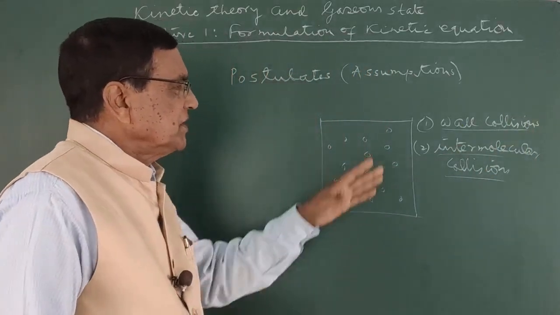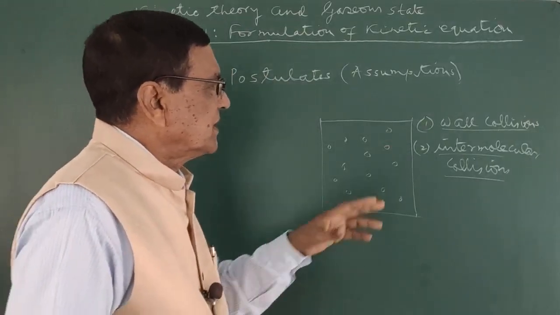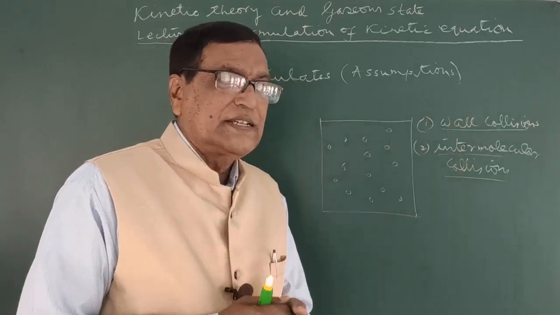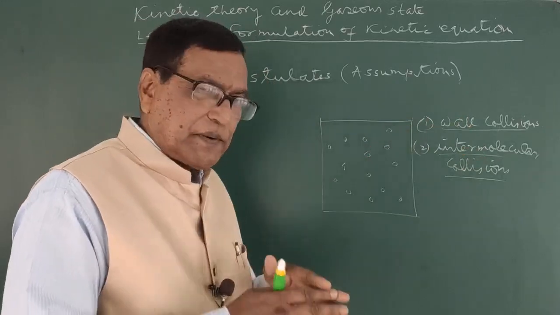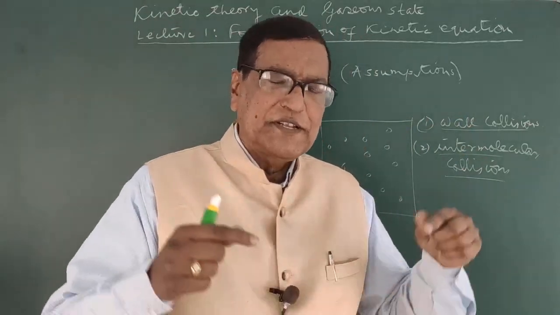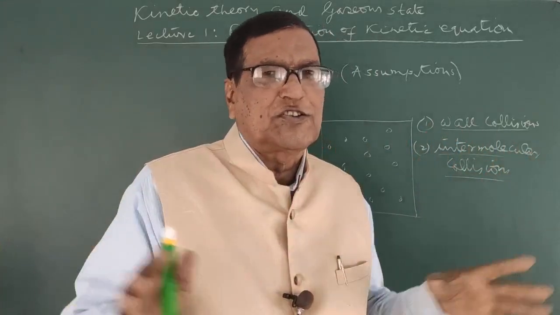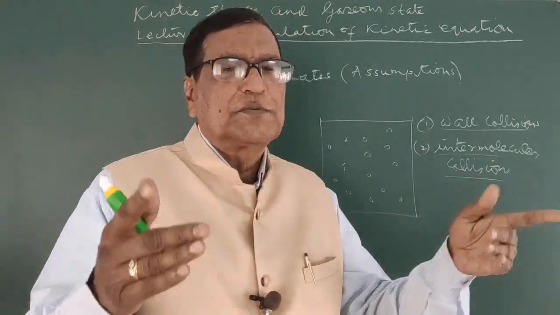So among these two types of collisions, whenever we consider the wall collisions, these collisions are perfectly elastic. It means whenever this molecule collides, there will be no loss of kinetic energy or momentum.